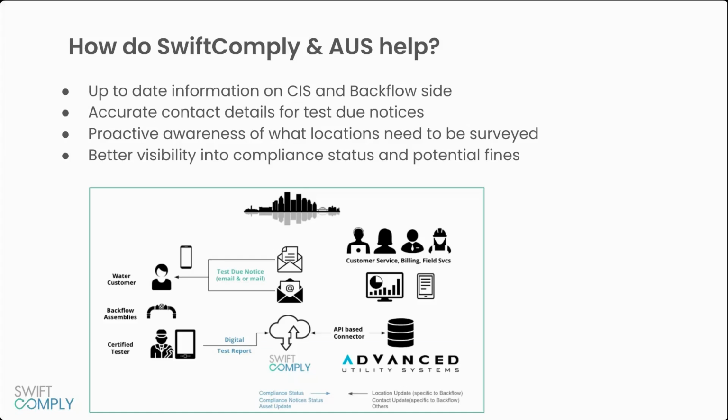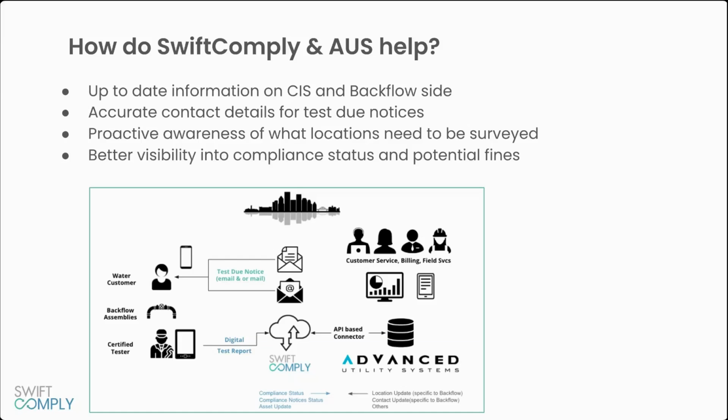And so we've been talking a little bit about the benefits to folks on the water side of it. There are also benefits to folks on the billing side and the customer service side. We want to provide some value and benefit to them as well. And again, by having a flow of data going back and forth, we can. Let's say a water customer calls up a member of the customer service team. They've got some questions about some stuff on their bill.